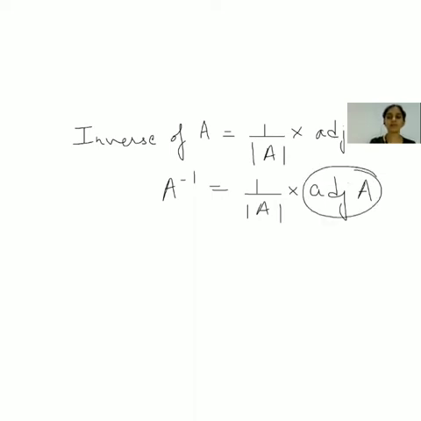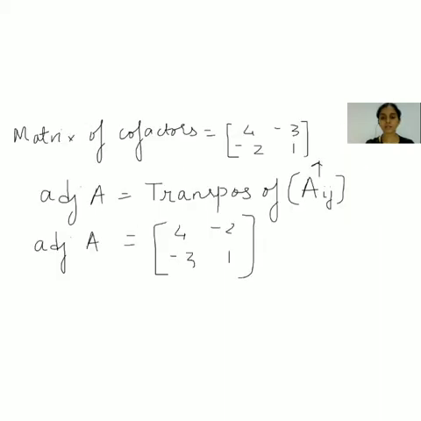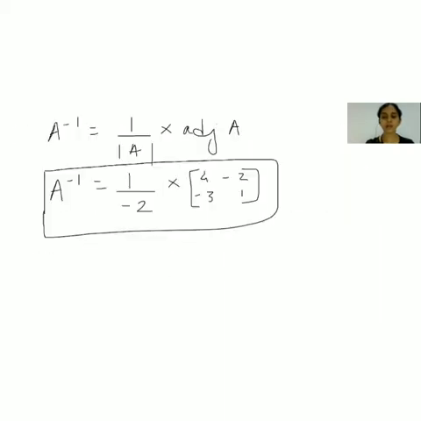And the determinant we've already found out to check whether the inverse exists. You just have to divide by the determinant. Okay, let us begin with the exercise, or rather there is one example that we should study because this is a general form that every matrix will follow. So let us take that example.